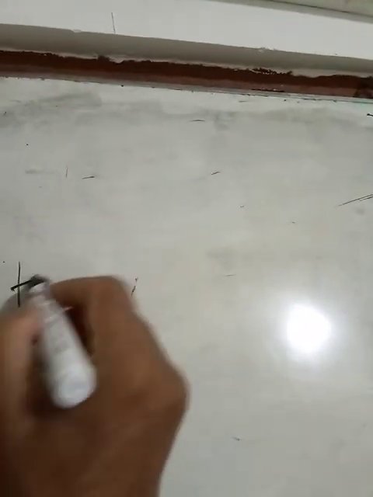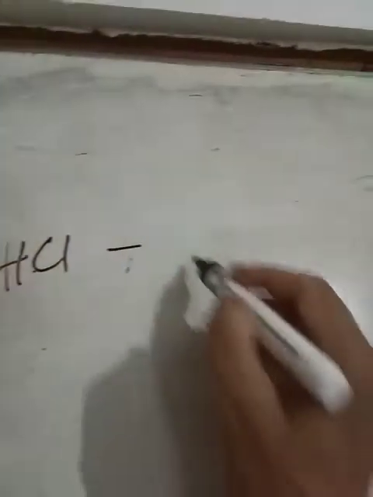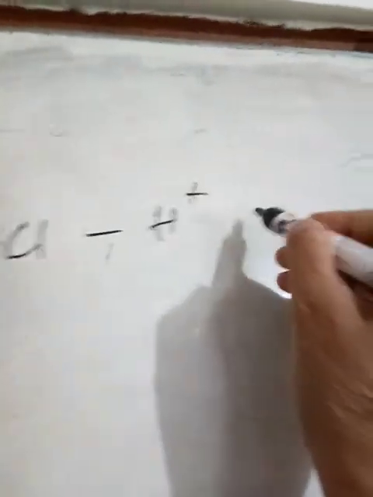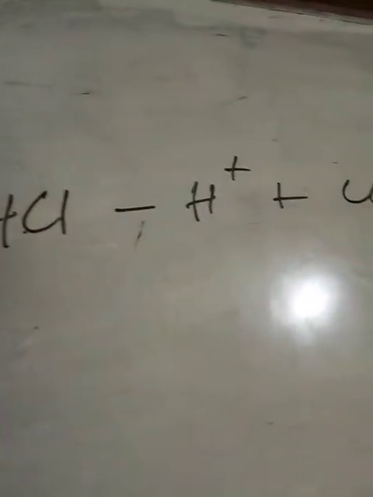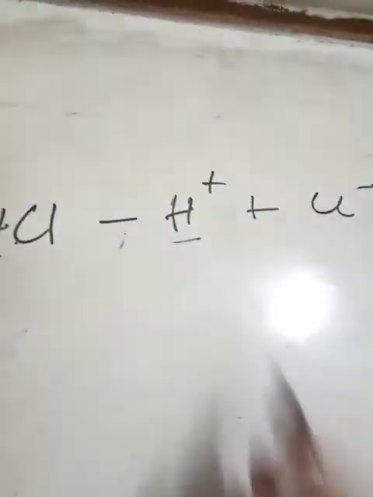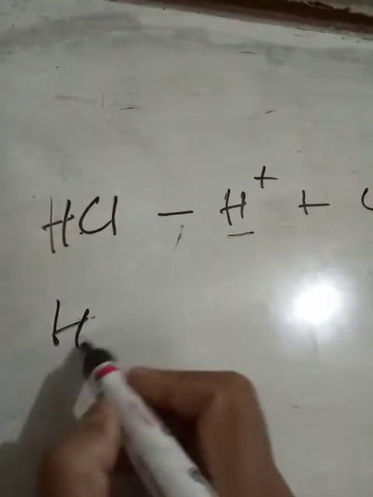seen examples like HCl as monobasic acid because one molecule of HCl releases one hydrogen ion. So it is monobasic acid.